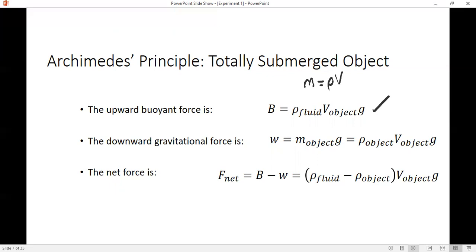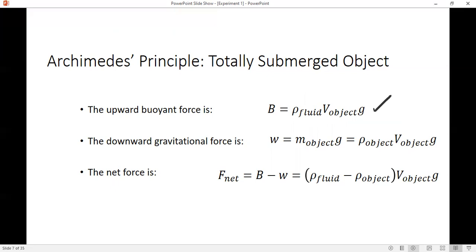So the mass of the water displaced is the density of the fluid times the volume of the object which is displacing the water. If we take mass times the acceleration of gravity, we get the weight. So therefore, this first equation represents the weight of the fluid displaced. That is the upward buoyant force.